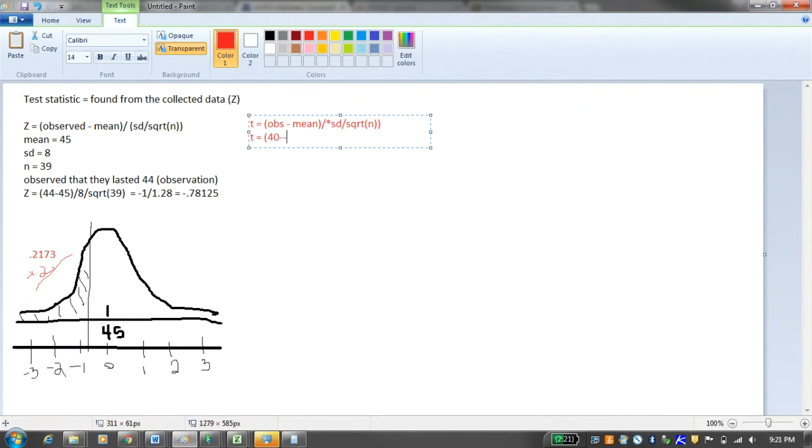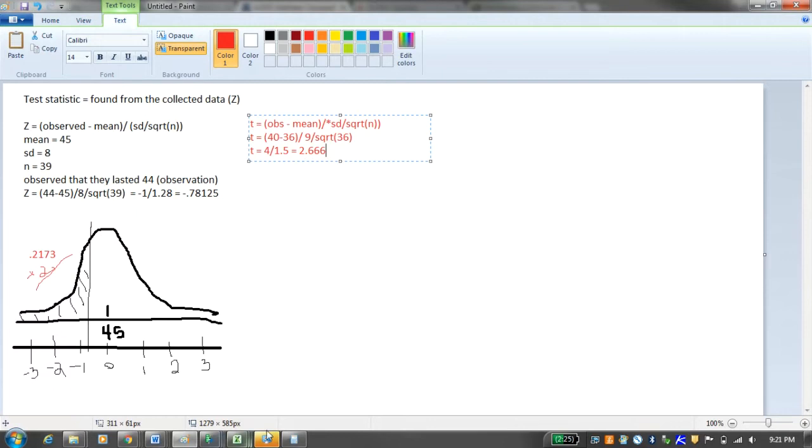We want to know if it's different than 36, that's our null hypothesis, over the standard deviation, which is 9, divided by the square root of our sample size, which is 36. So 9 divided by 6 is 1.5, so our numerator is 4 divided by 1.5, which is really 8 divided by 3, which is 2.666.